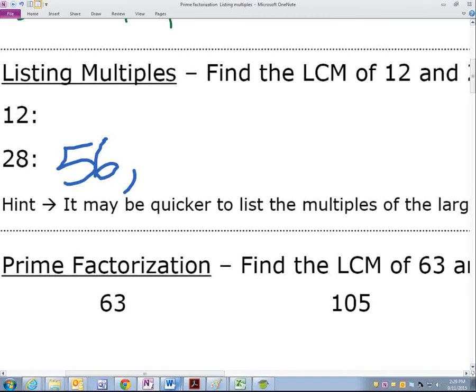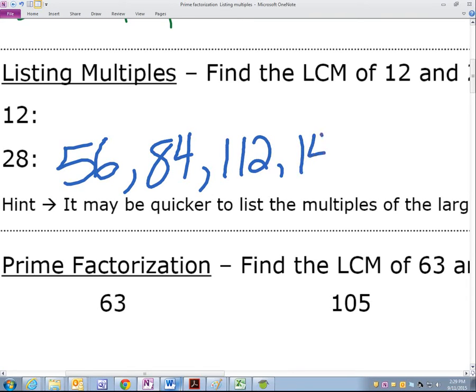Okay, I'm going to go 2 less than 30 more, so 30 would be 86, but it's not 86, it's 84. Then I'm going to go 2 less than 30, which would be 114, so it's 112. And that's just 140. I'm going to stop there, because I really hope it doesn't go that far with 12. That would be horrible.